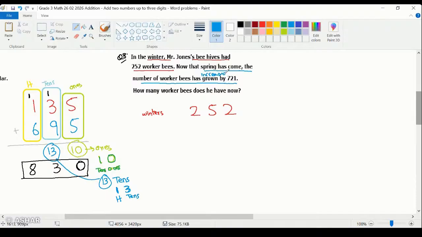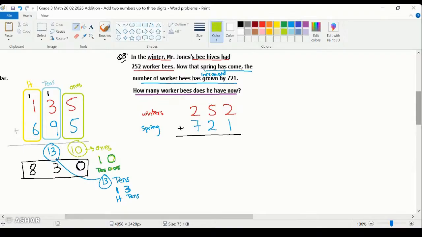So in spring there were more workers by 721. We need to find how many worker bees he has now, the total number of bees that he has. So what we can do is add them together.